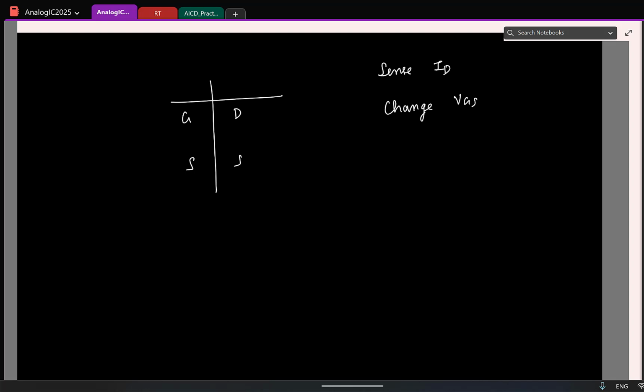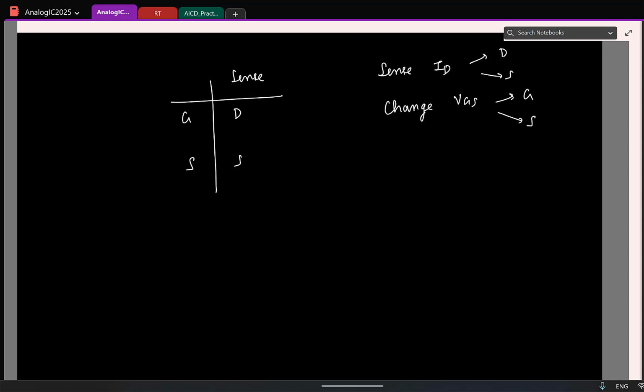Now you see my drain current, I can sense it either from the drain side or from the source side. Similarly, for changing VGS, I can either change the gate voltage or the source voltage. Is this clear?